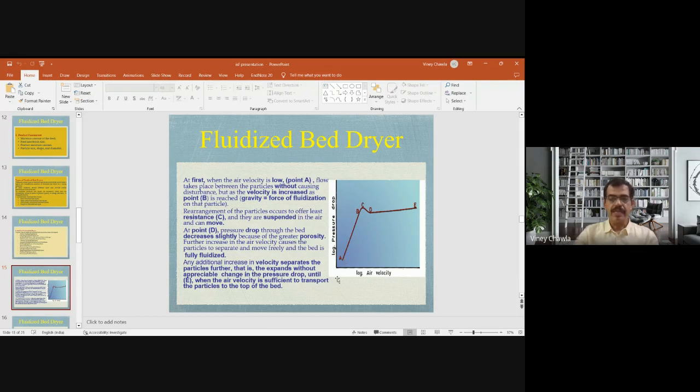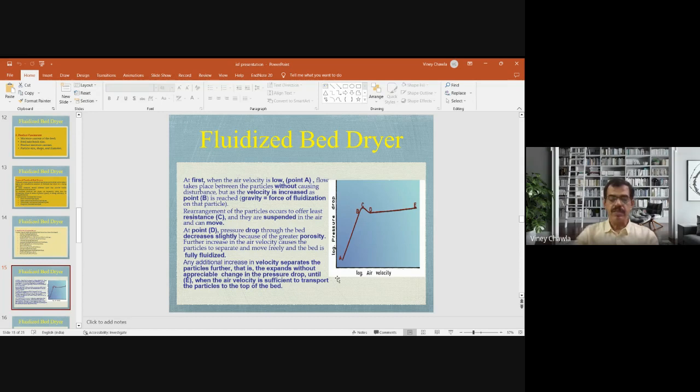So if I say that at the bottom of the fluidized bed, that is at the bottom of the perforations, there is a pressure, let us say P1, and at the top, when air is coming out, there is pressure P2. So delta P is the difference between P1 and P2.